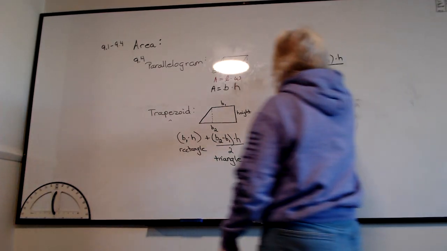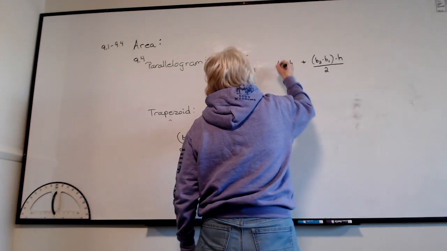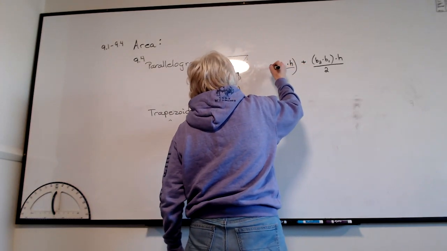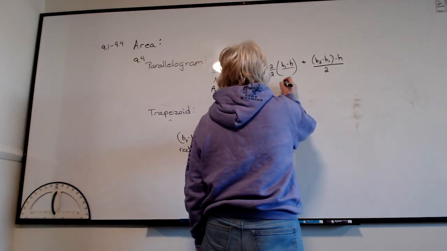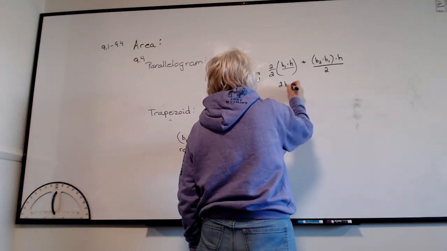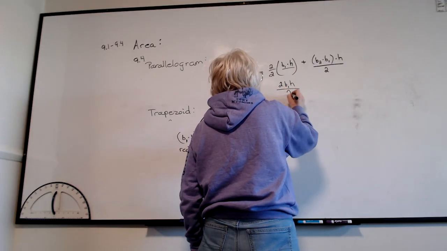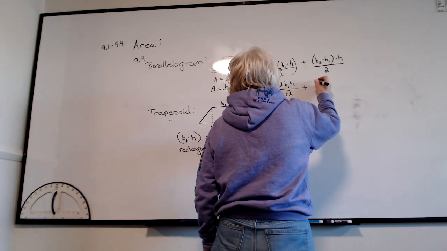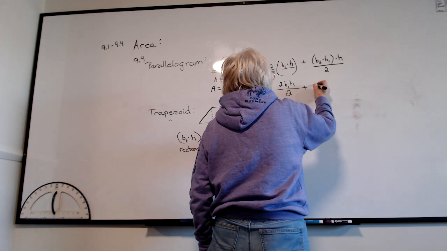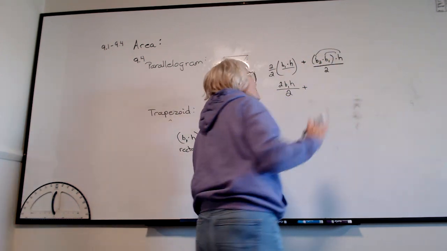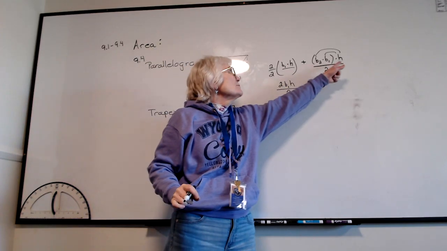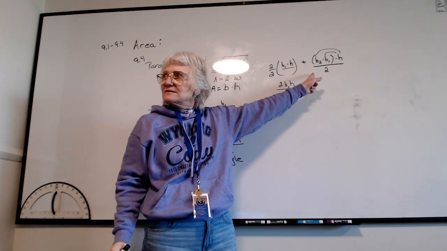So I want to get a 2 on the bottom. I have to multiply this by 2 over 2. So it gives me 2b1h over 2 plus, and I'm going to distribute this while I'm doing it. I'm going to distribute h through these. Does that make sense?